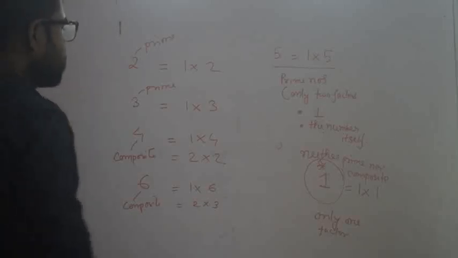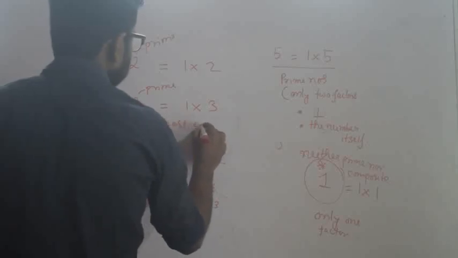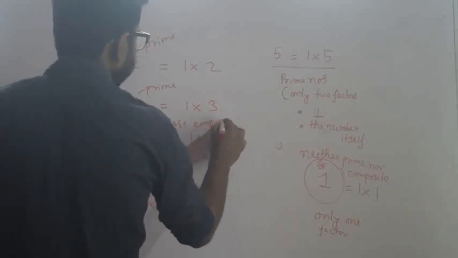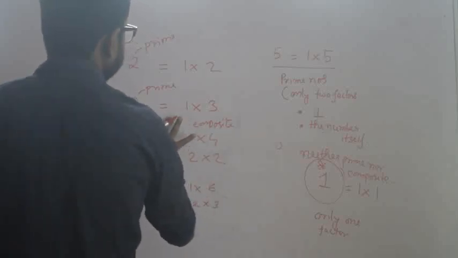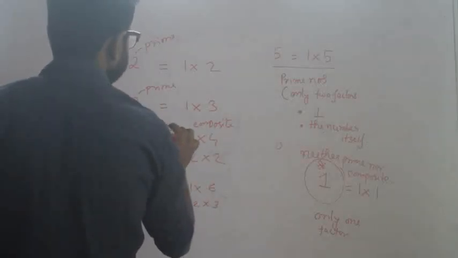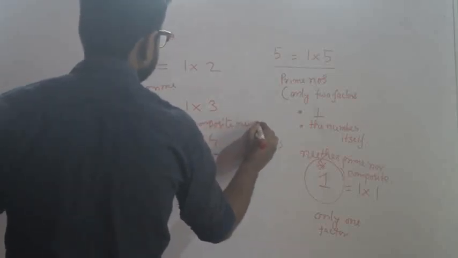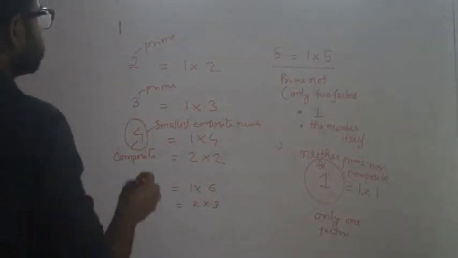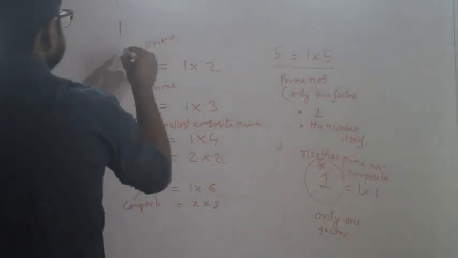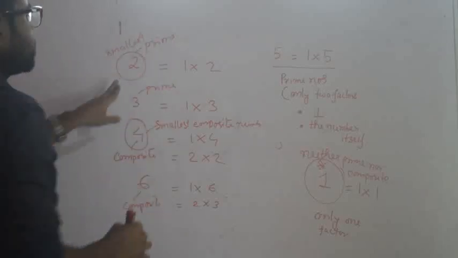So that means 4 is the least composite number. That is the smallest. The smallest composite number is what? 4. And the smallest prime number is 2.